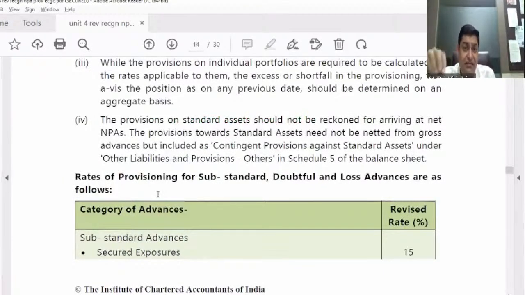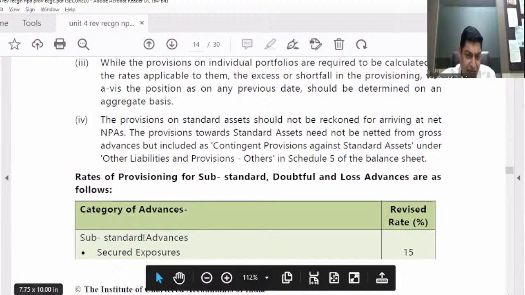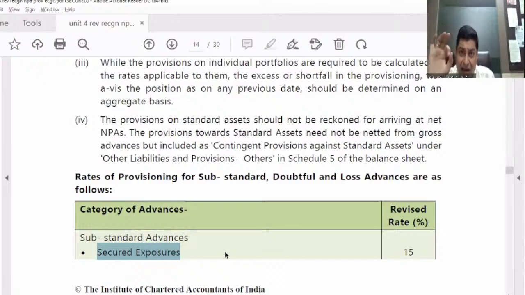If it becomes NPA, then in NPA the first category is substandard. So if it is substandard, then we need to verify whether the advance is secured or unsecured. Guys, generally the advance is always secured.